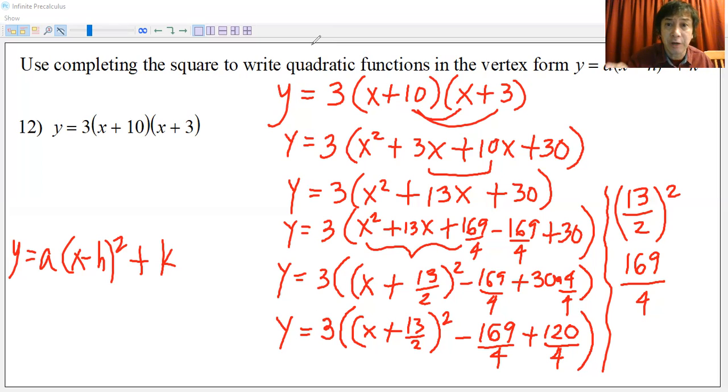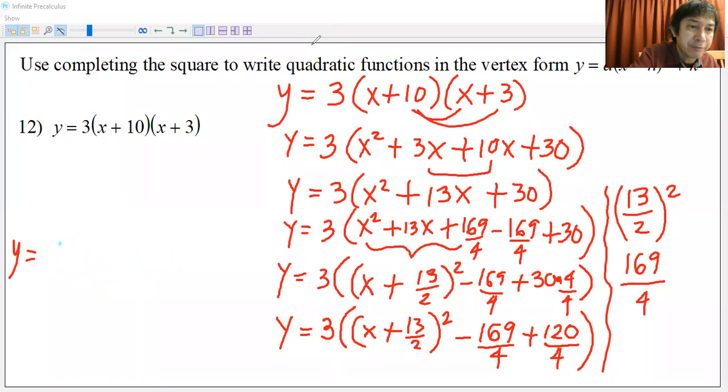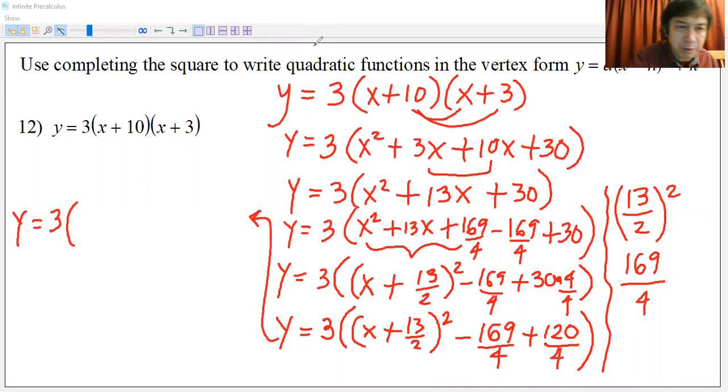Let us erase some parts at the left side. Let me remove the format. All right, let's continue over there. And so this will now be y equals 3 times, we still have that x plus 13 over 2 squared.